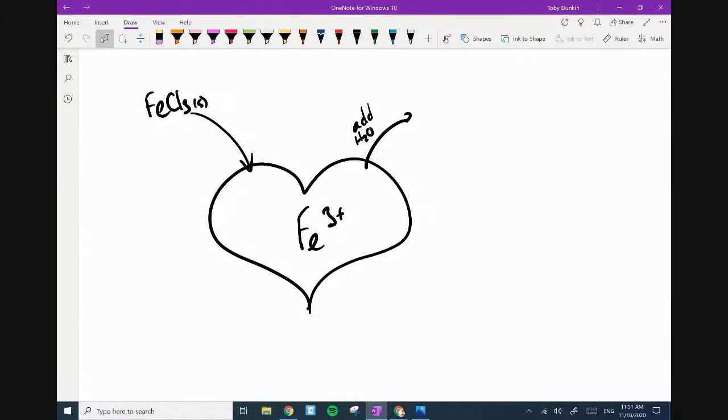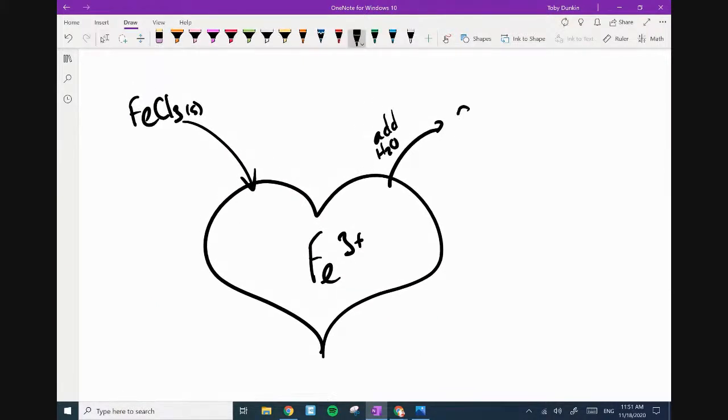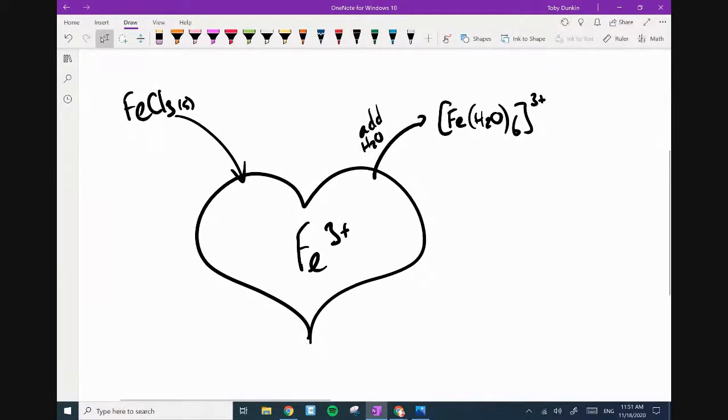You can pause the video and have a go at completing its formula. So Fe(H2O)6 3+. Then we get to pick up its color. So iron 3 plus is yellow in solution. It's a yellow solution. Love it.